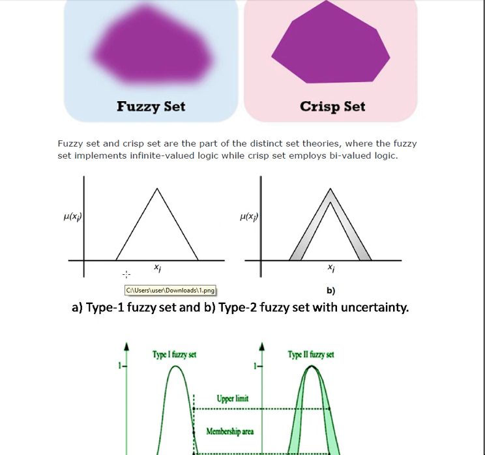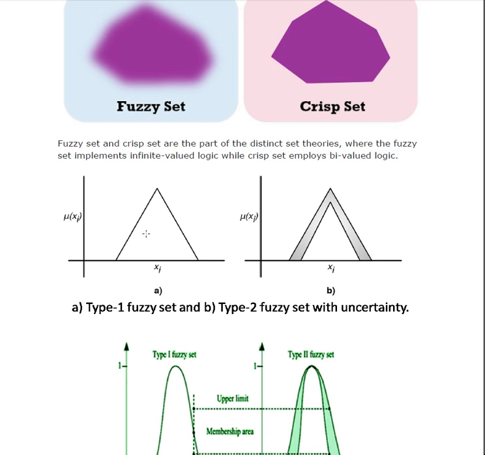But later on the development took place, and people started trying to find out the limitations of type 1. When Lotfi Askar Zadeh tried to develop this particular model, way back in 1975 he found that there are certain limitations with respect to the type 1 fuzzy set, and then they looked to the type 2 fuzzy set.